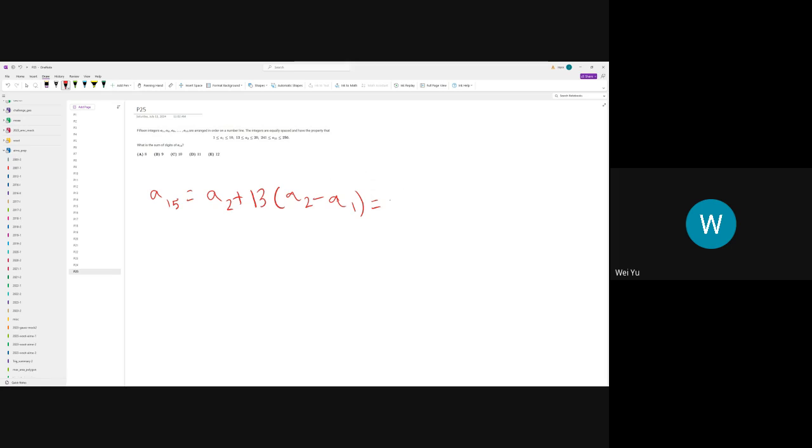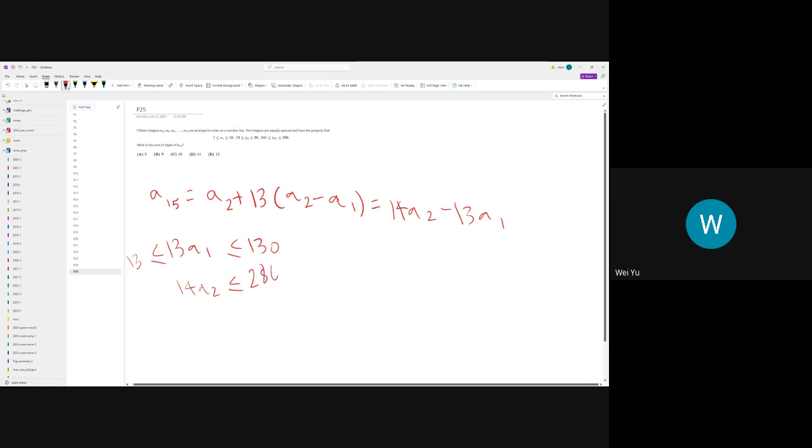A15 is equal to 14A2 minus 13A1. So 13A1 is from 13 to 130, and 14A2 is from 280 to 182.